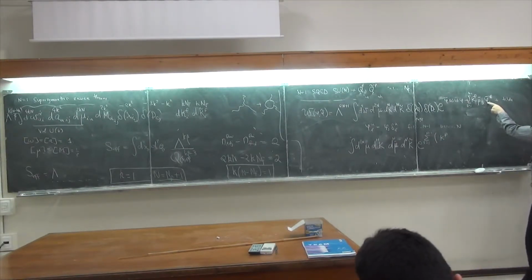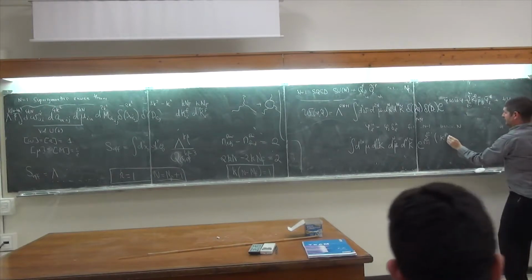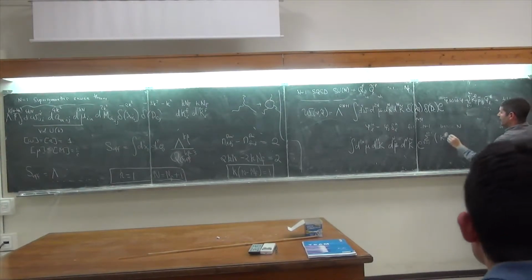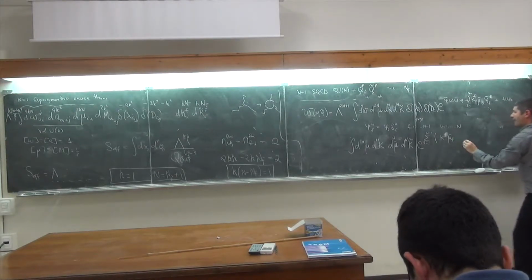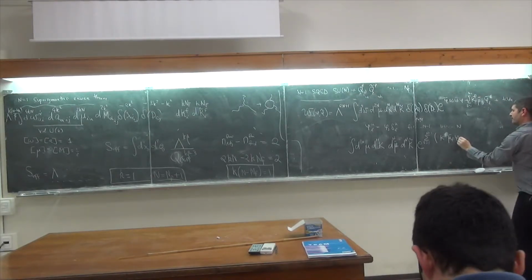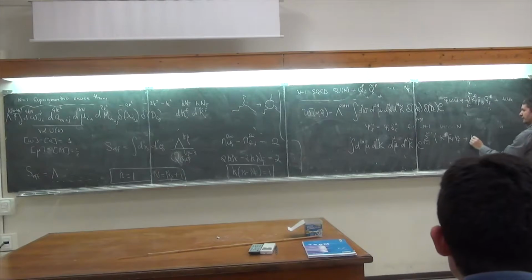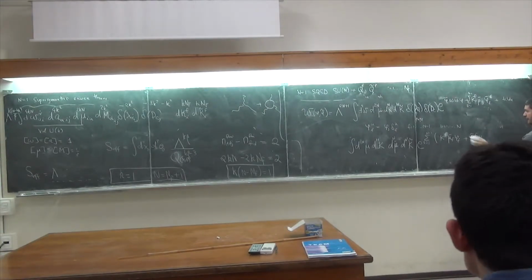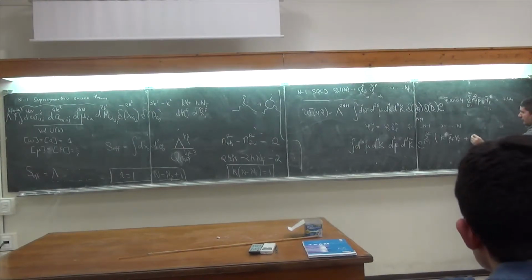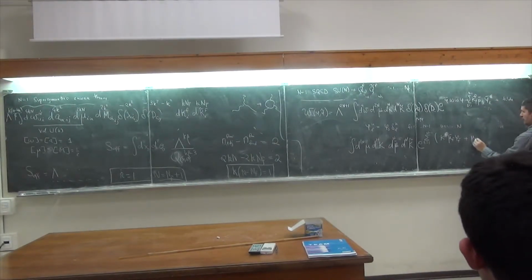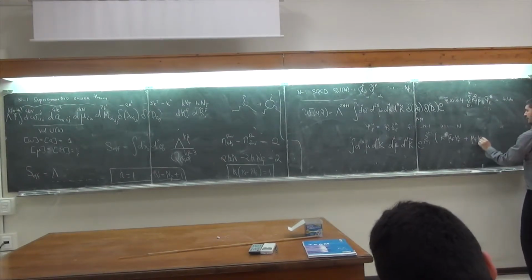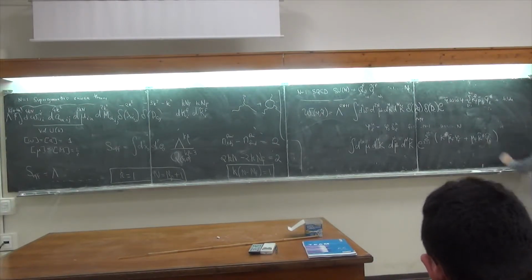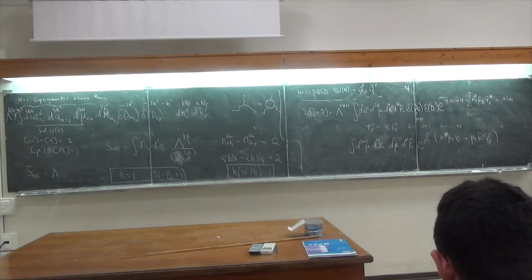This is delta, therefore this will be just ks, or kf, mu bar f, phi f, plus kf theta, mu bar, sorry, the other way around, mu f, this is a Gaussian. Okay?